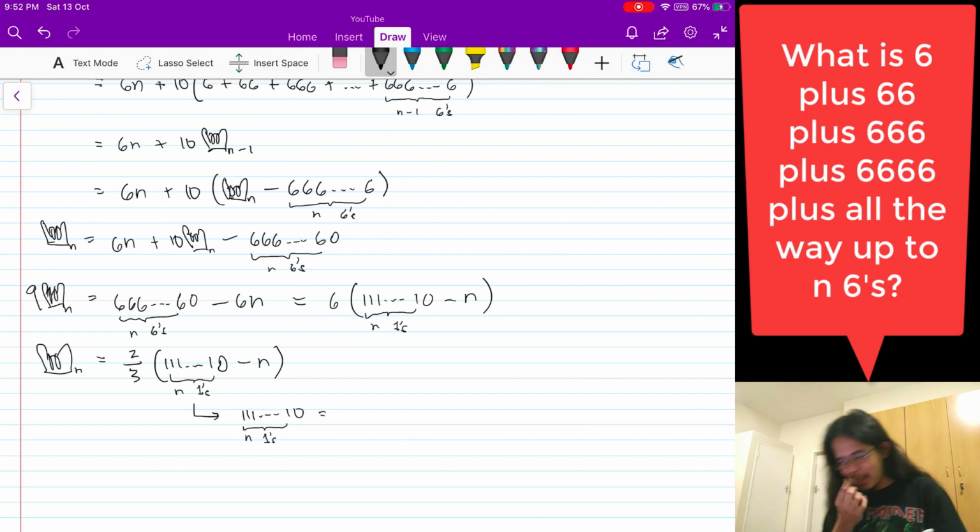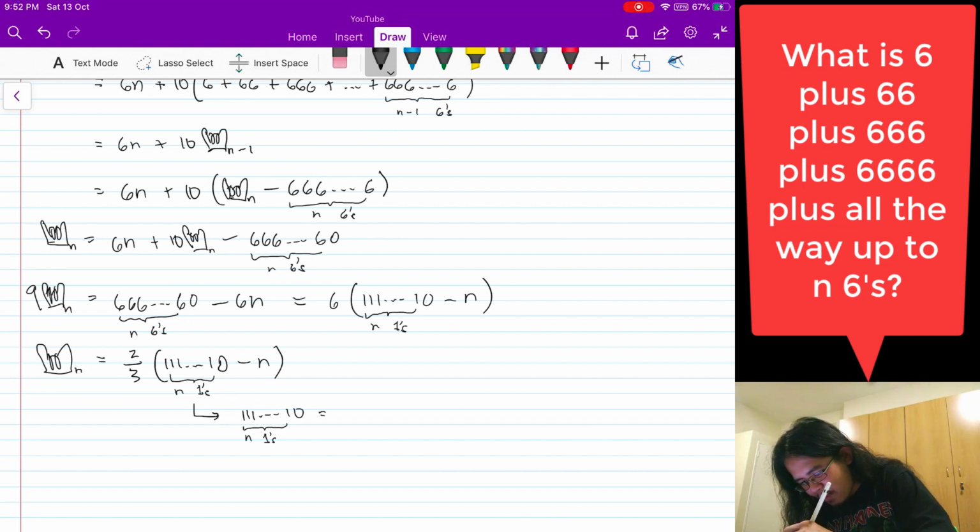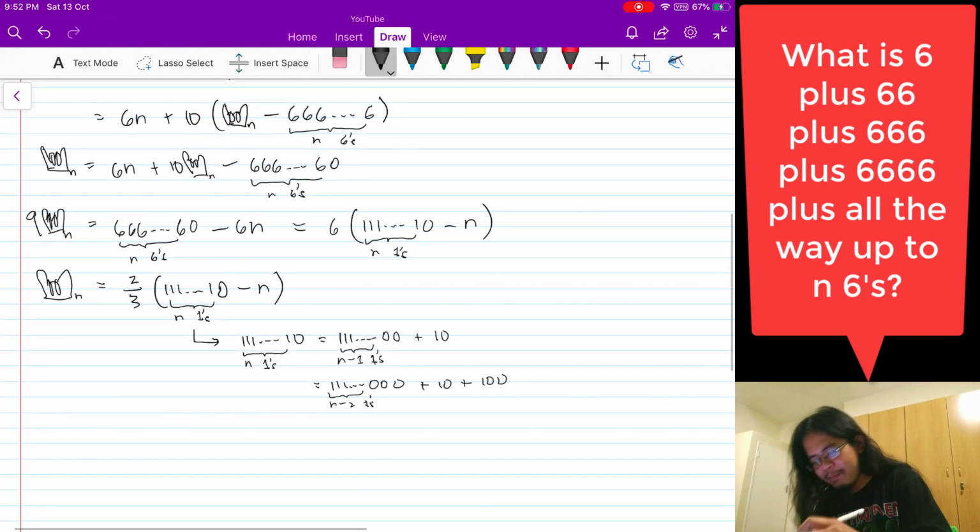Note that you can write this, okay? So look at this carefully. I can write this as 1, 1, 1, and so on, 0, 0. So now there are n minus 1 ones plus 10. Okay, I separated 10. And then you can separate, so you have 0, 0, 0. Now you have n minus 2 ones plus 10 plus 100, and so on.